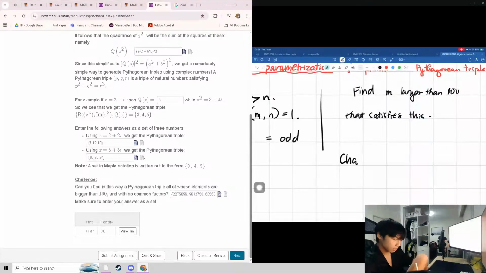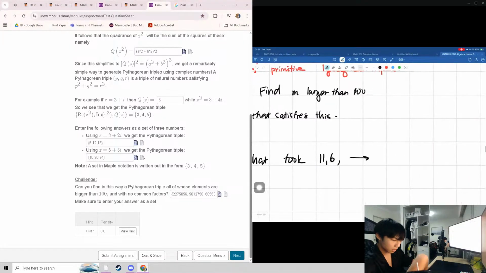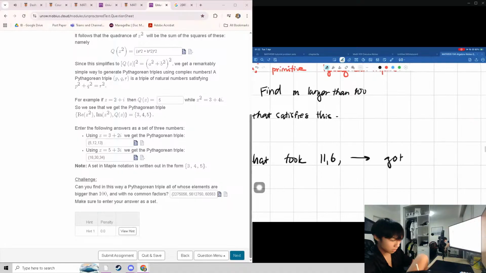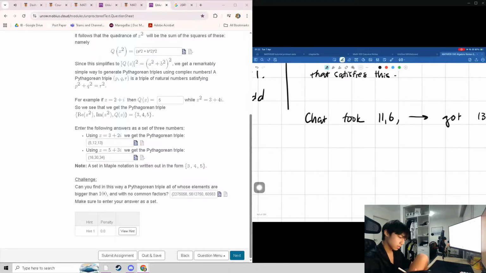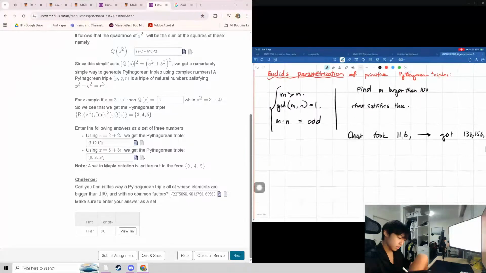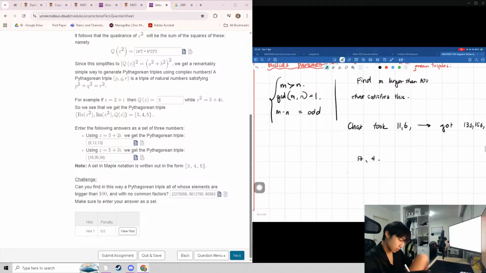Chat took 11, 6. Got 133, 156, 205. Let's take 17 and 4. 17i plus 4i.